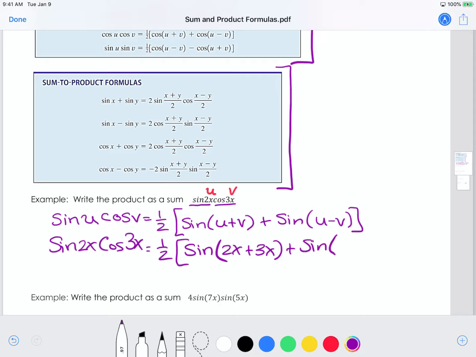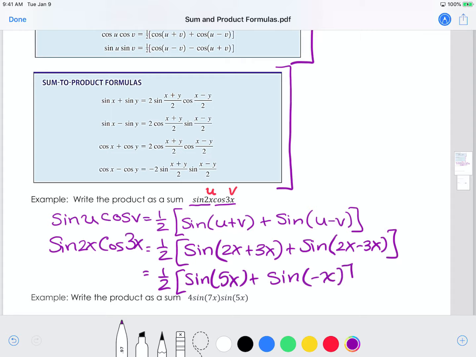So u minus v would be 2x minus 3x. And I would get 1/2 sine of 5x plus sine of negative x.